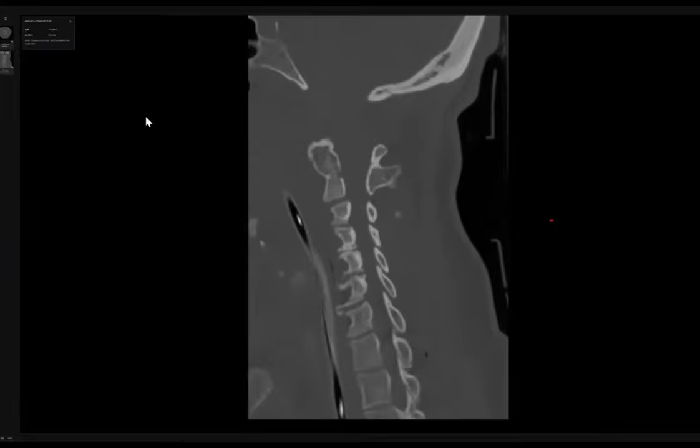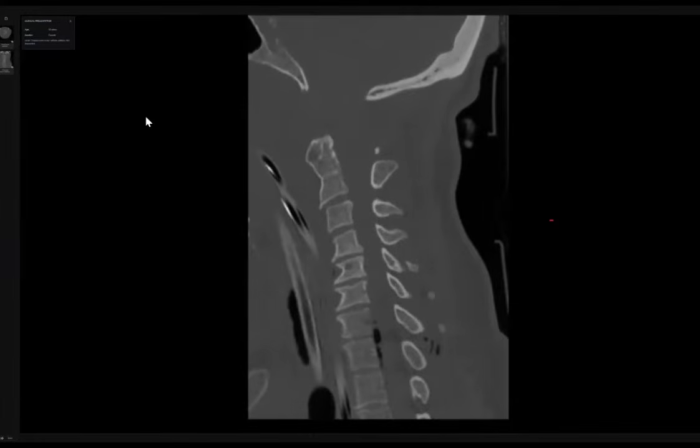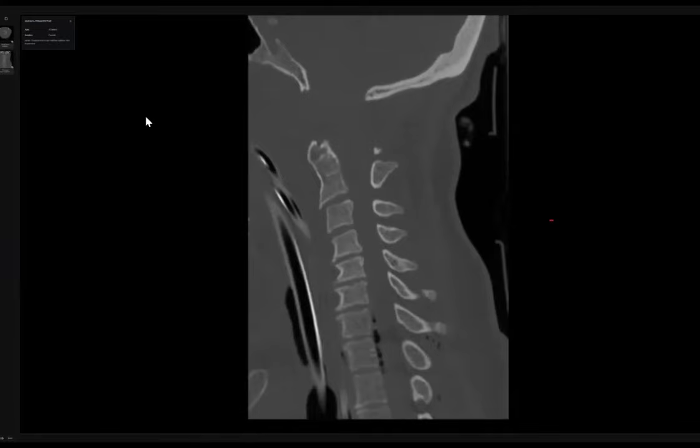Okay, so these are sagittal cuts of non-enhanced CT of the cervical spine. I can see there is a fracture line through the... Also, there is increased distance between the odontoid and the base of the skull.